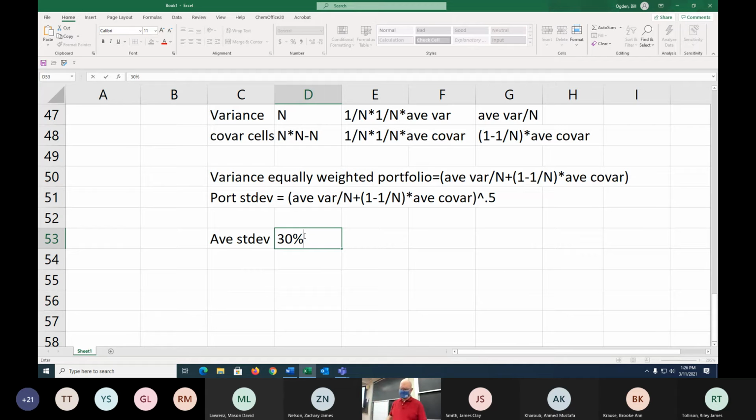So how do you think you get the average variance then? You square it. So they're going to give you an average standard deviation. You square that, you're going to get the average variance.